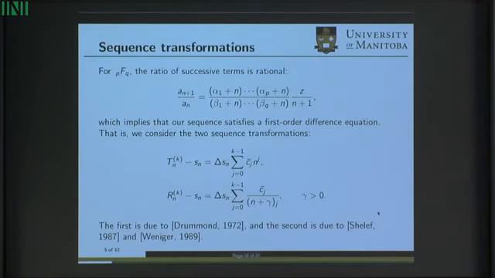But what we can say is, for pFq's, the ratio of successive terms is rational, and that implies that the finite difference equation is first order. So m is 1. That's great. Then the second thing we can do is diverge from the theory a little bit, and use different forms of the constructive correction term.